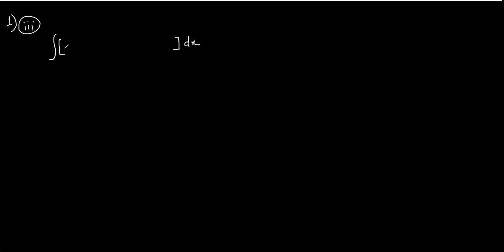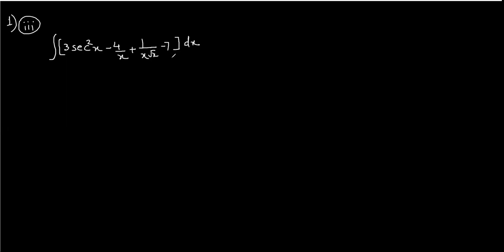So the function that they want you to integrate is 3 sec square x minus 4 over x plus 1 over x root x minus 7.